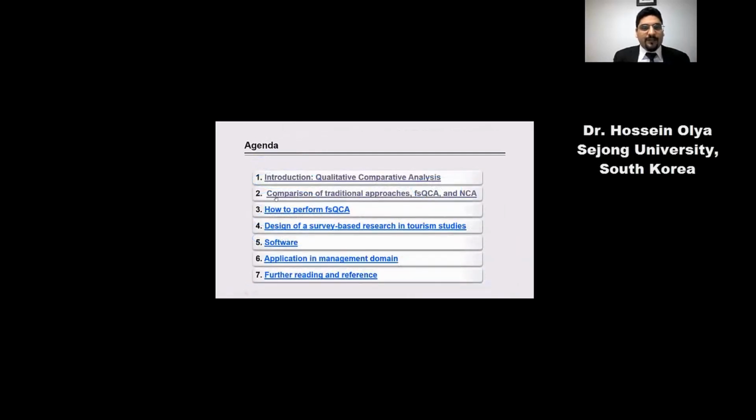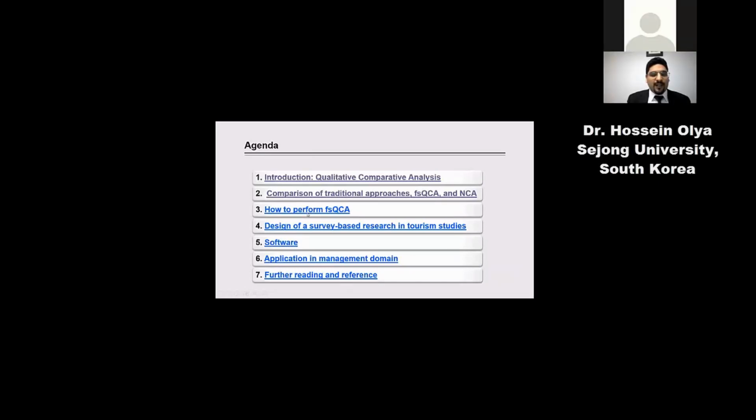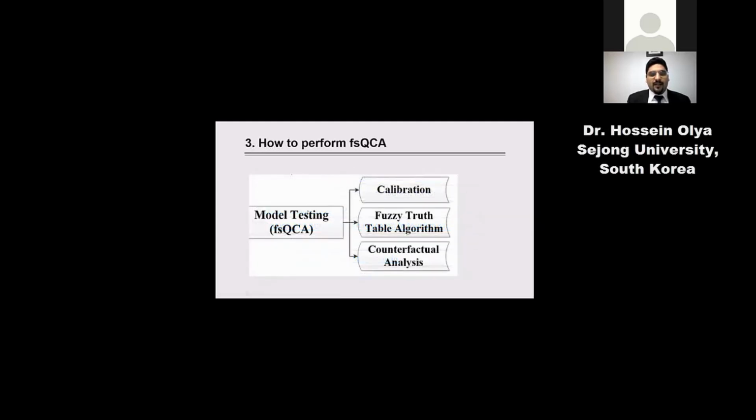Okay, we compared these three approaches. Now we want to see how we can perform fsQCA as an innovative approach. fsQCA consists of three steps. The first step is calibration. The second step is the fuzzy truth table algorithm.